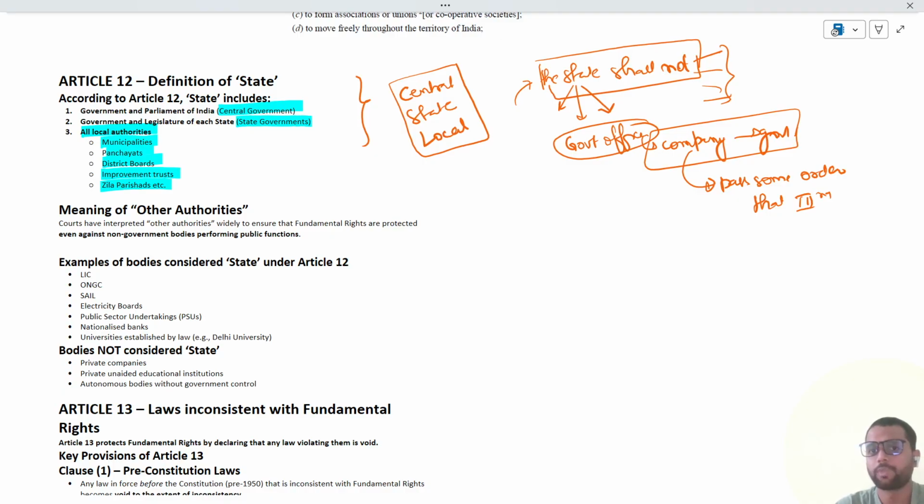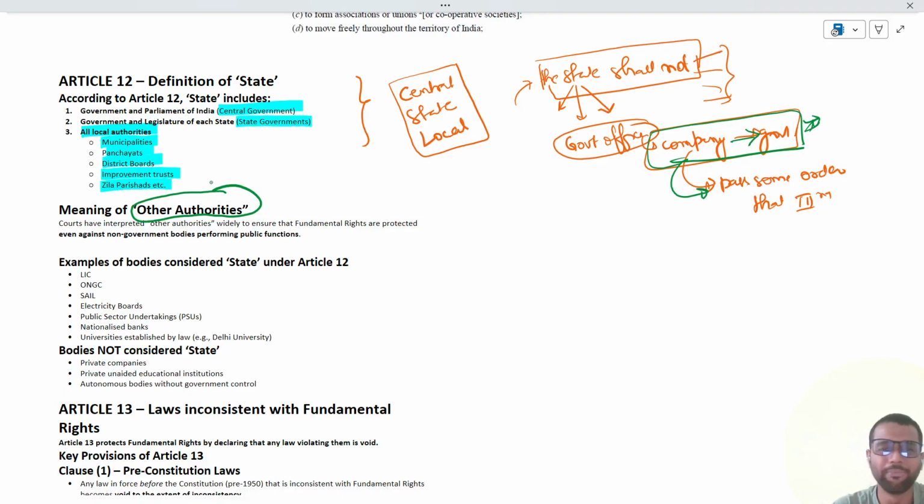What do you think? Whether a government company can pass some order, or publication, or provide some notification that violates Part Three of the Indian Constitution, is that allowed? The answer to that is what the term other authorities basically means.